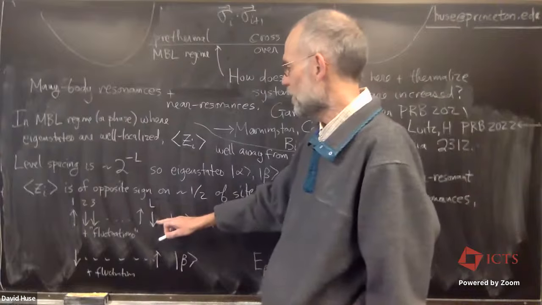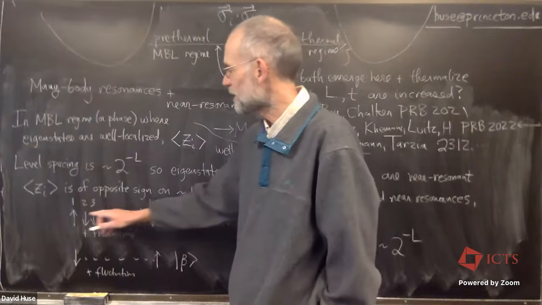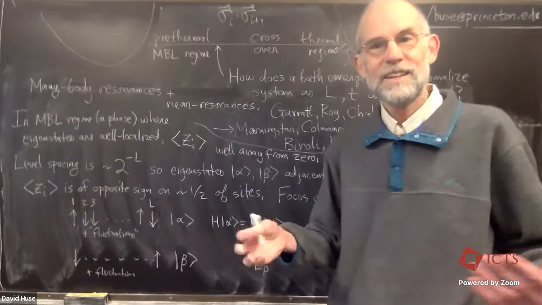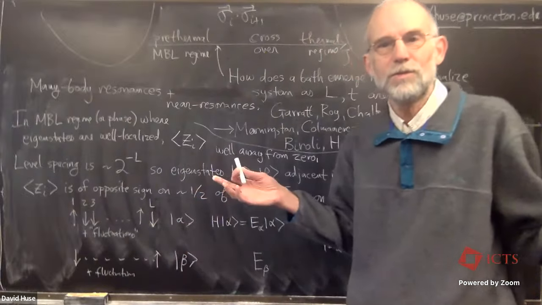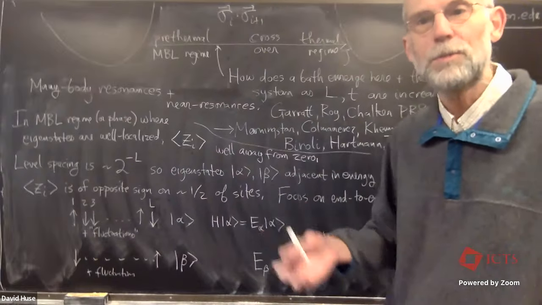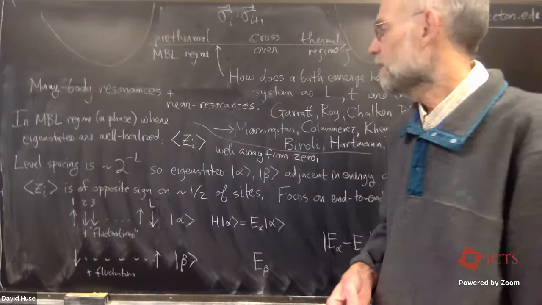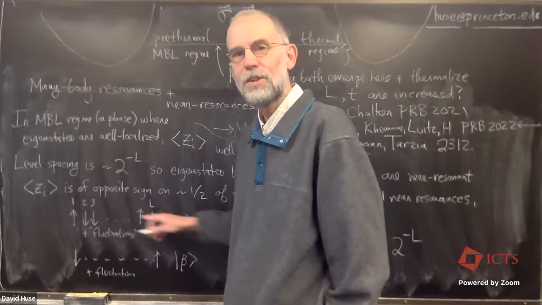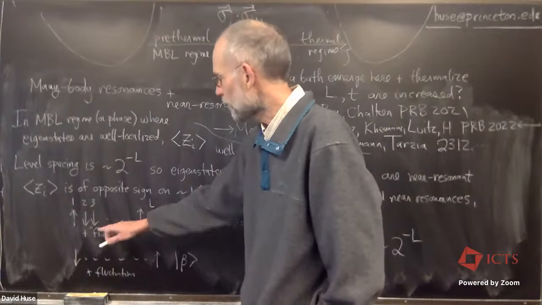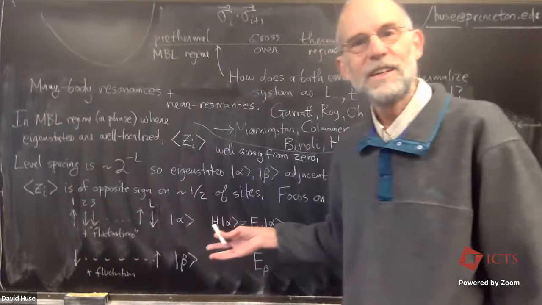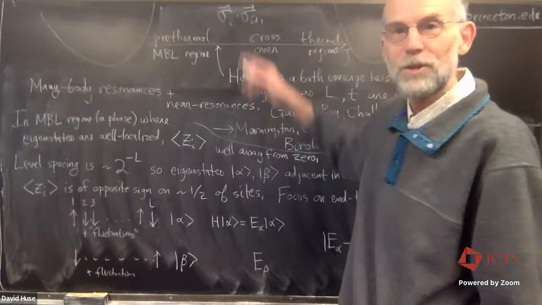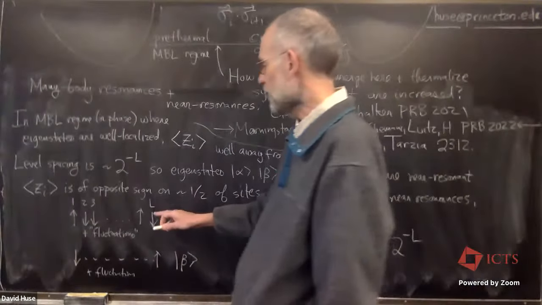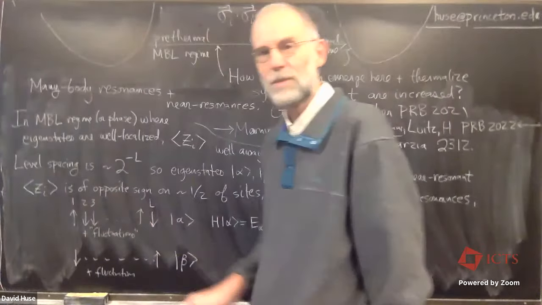So the expectation values of the spins have the signs as I've drawn, but the actual wave function is a linear combination of all sorts of computational basis states with flipped spins. This particular configuration will have a high amplitude, and then there'll be a whole bunch of other terms with flipped spins due to this term in the Hamiltonian, but they will have lower amplitudes, and the expectation values will have the same signs as this term.